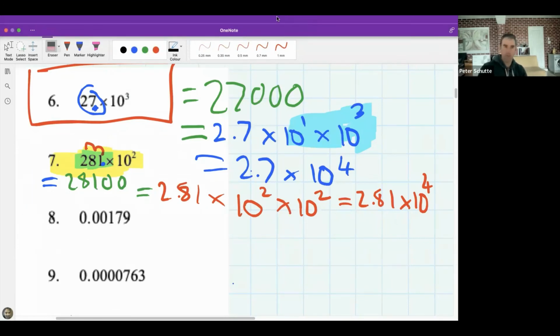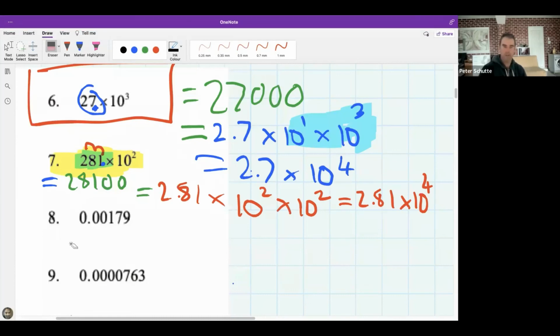How would you write question 8 in scientific notation? We can do this, guys. I already see Tando with an answer. Remember that everyone is marking.